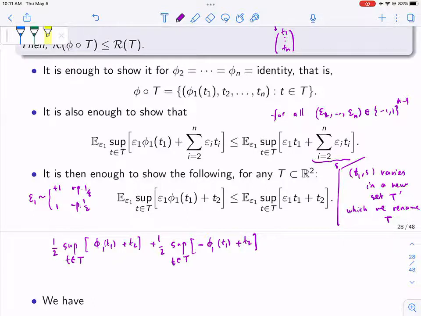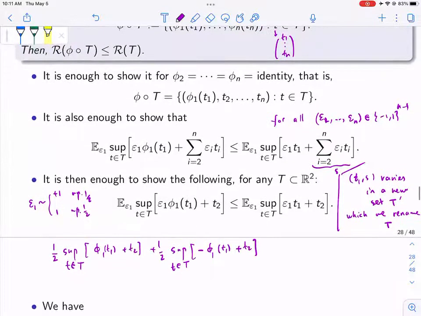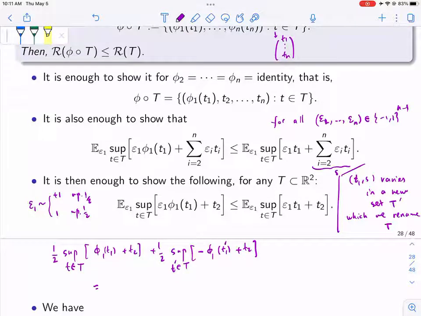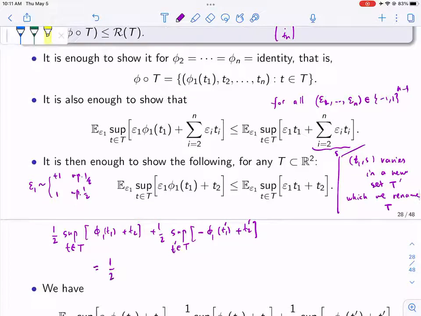Then what I'm going to do is, because phi is Lipschitz, I want to get deviations of phi involved. I'm going to put a prime here. It doesn't change anything. Now I can combine these, T and T prime, and I get phi 1 T1 minus phi 1 T prime 1 plus T2 plus T prime 2.